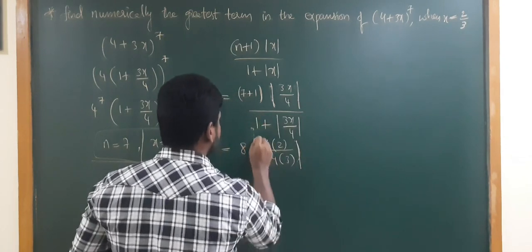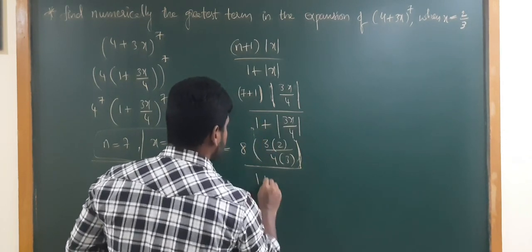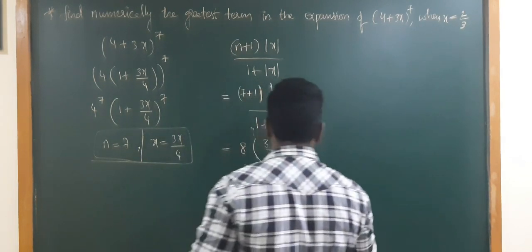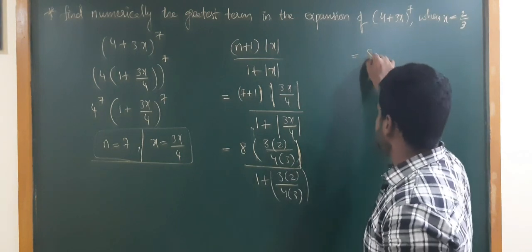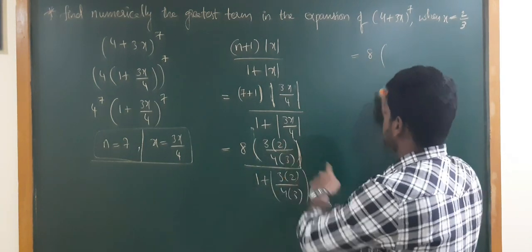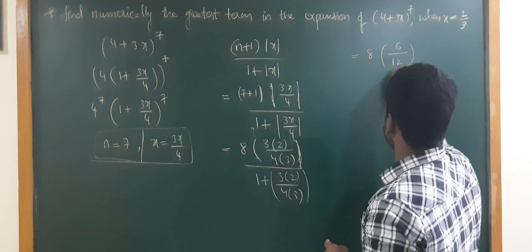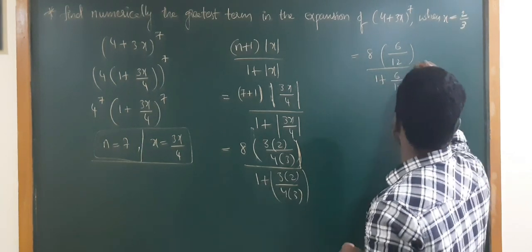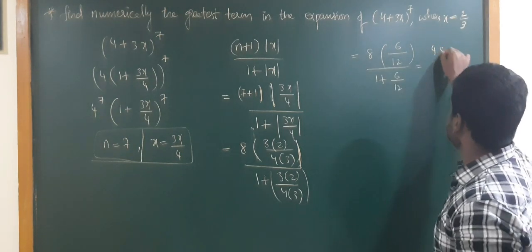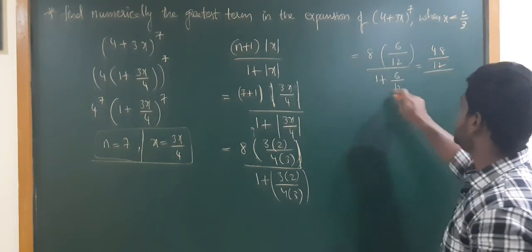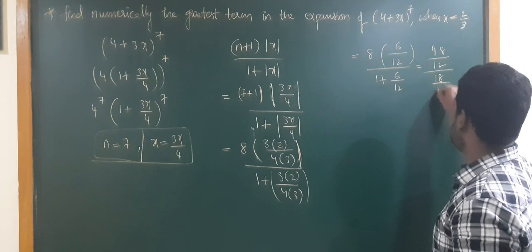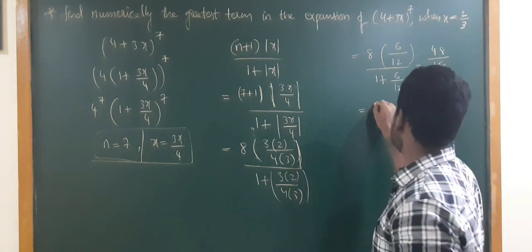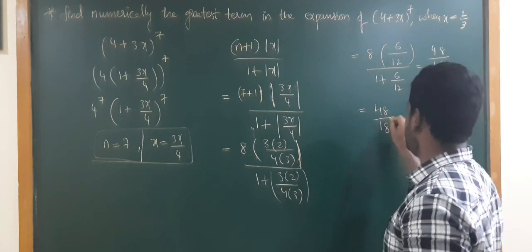So which is equal to 1 plus 3 into 2 by 4 into 3. So it is equal to 8 times 3 into 2 by 12 divided by 1 plus 6 by 12, right? So this will become 48 by 12 divided by 12 plus 6, that is 18 by 12. 12 and 12 cancel, so which is 48 by 18.